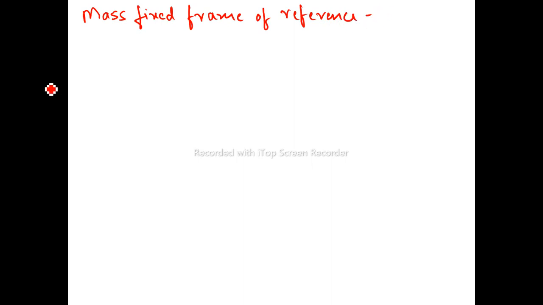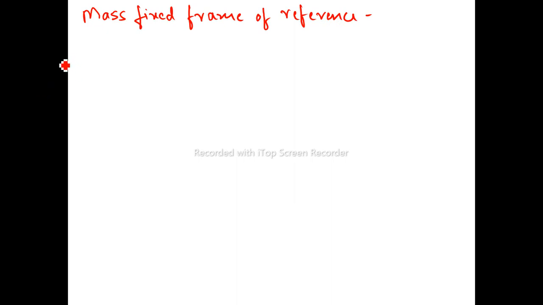Then we move on to the mass fixed frame of reference. Its definition is similar to that of the volume fixed frame of reference.